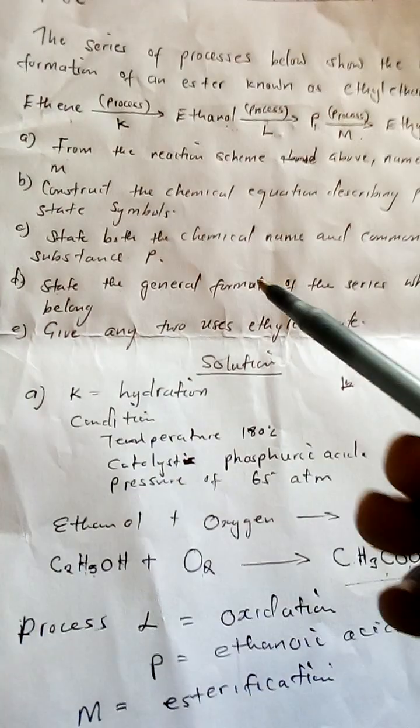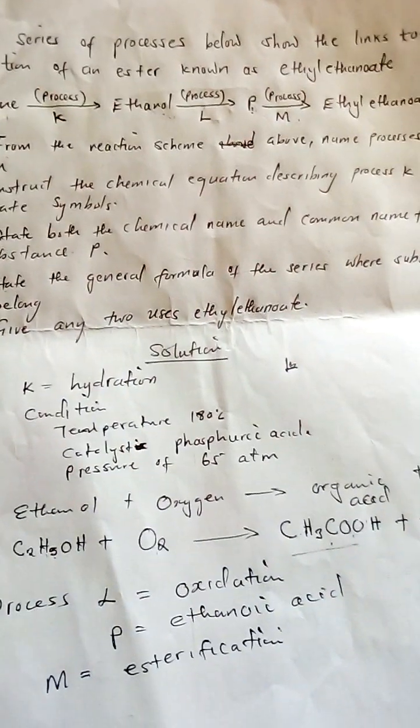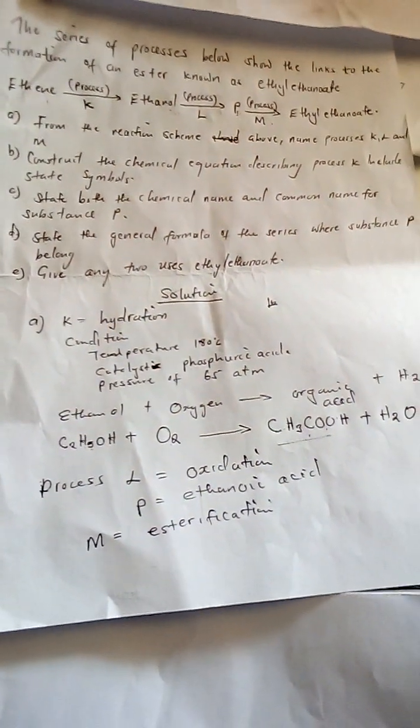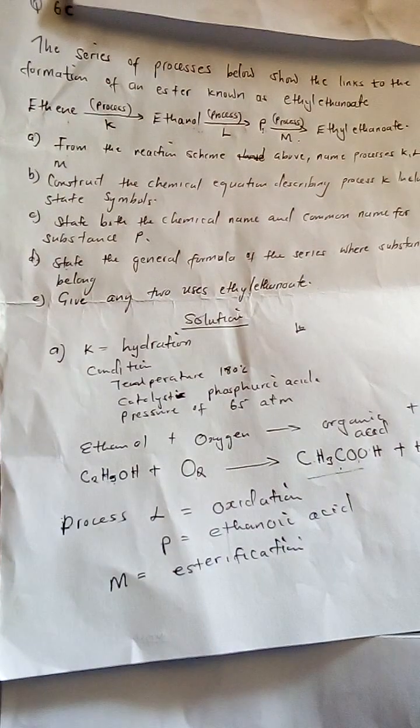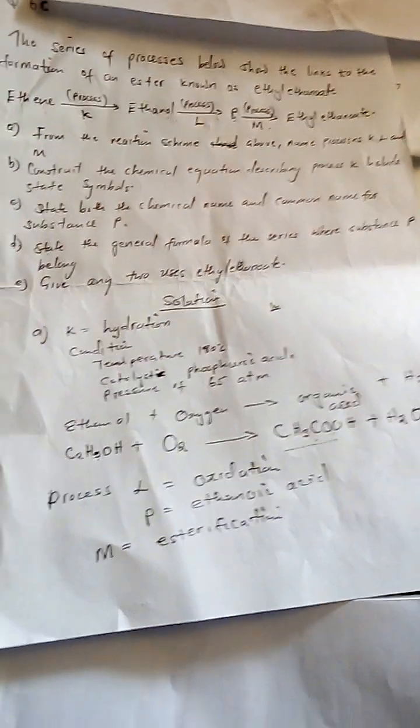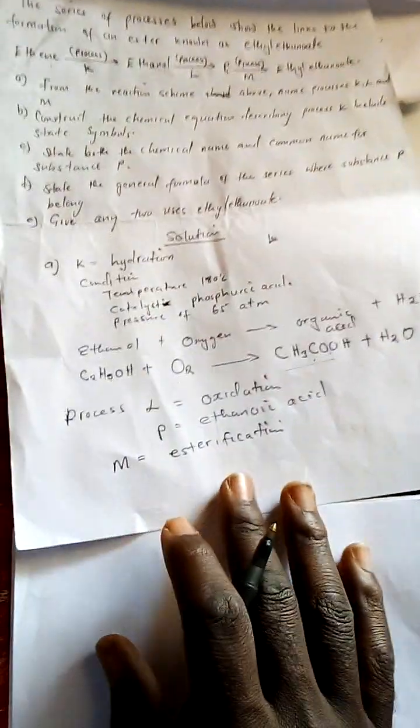Now the next question is asking us to construct the chemical equation for describing process K, which is question B here.